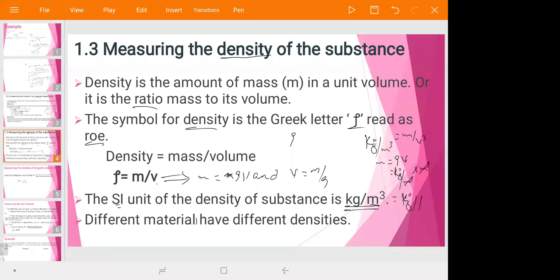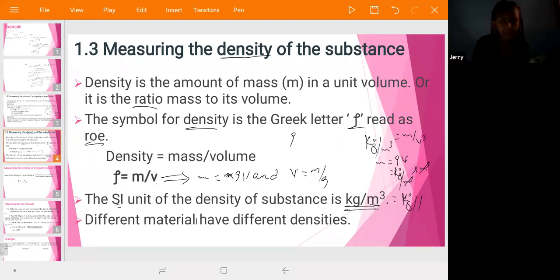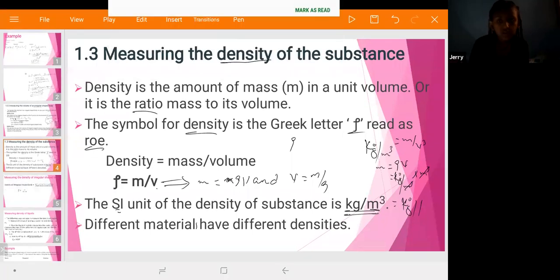So in 1 meter cube of water there are 1,000 kilogram. The ratio of mass to volume gives you density. Is this point clear for you? Yes, okay.